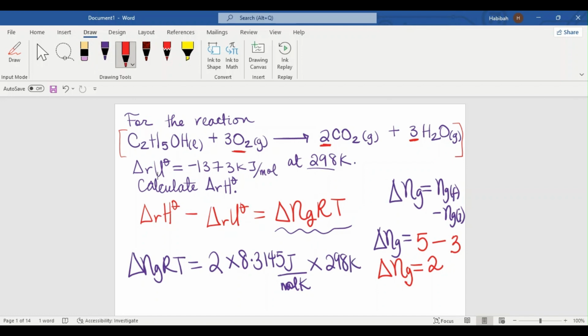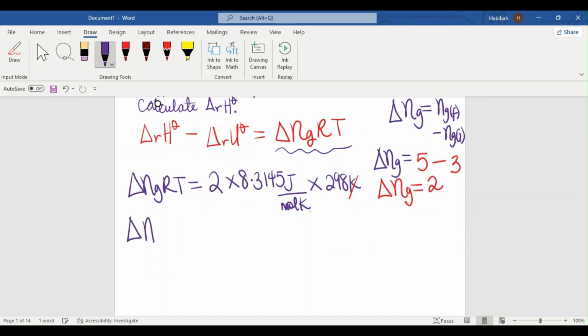Of course we cancel out the Kelvin. So what you end up with is 2 times 8.3145 times 298, which is 4955.442 joules per mole. Of course, Kelvin has been canceled out.